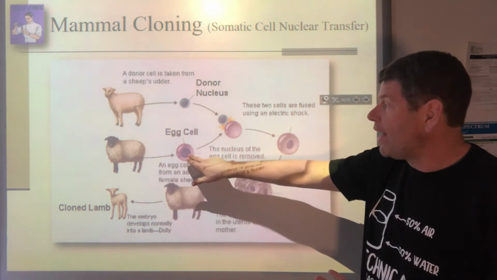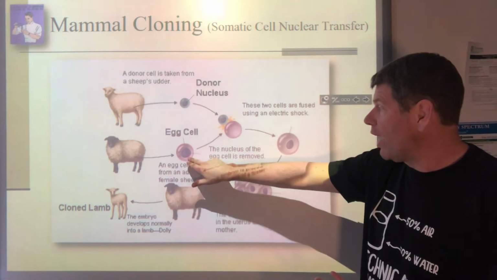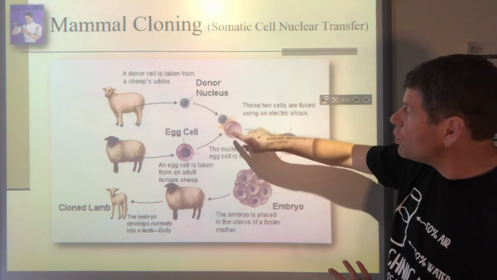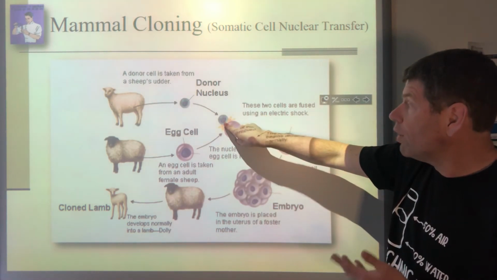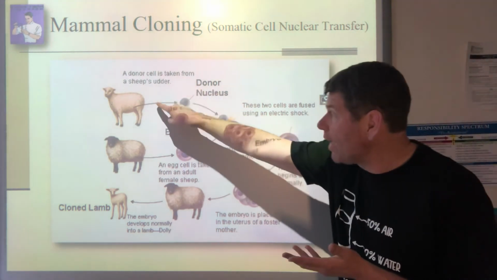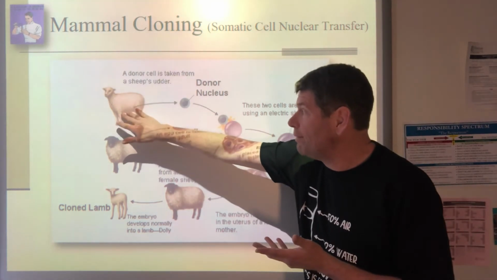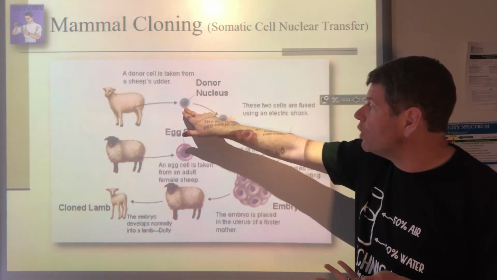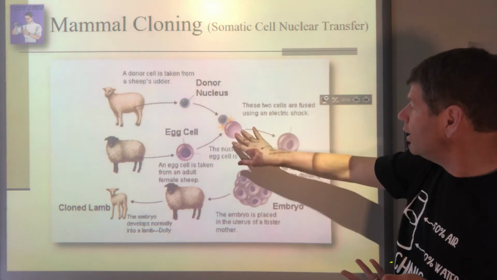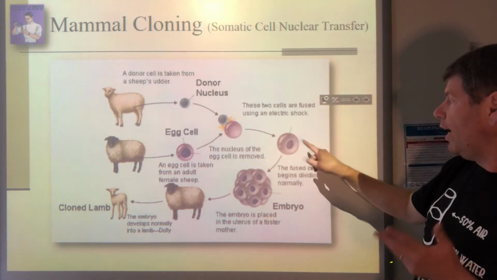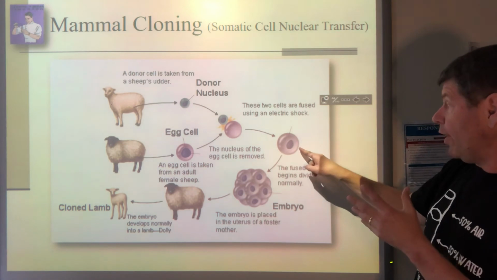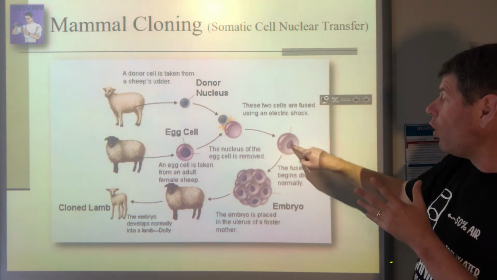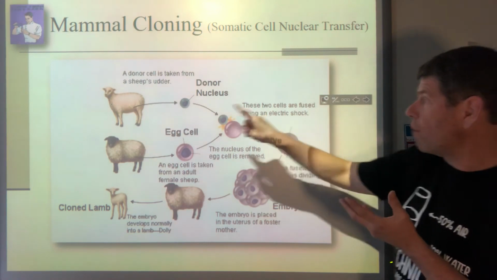They take that unfertilized egg cell, remove its nucleus, then fuse in the nucleus of this body cell from the sheep we're attempting to clone. So we have all its genetic information in this nucleus.